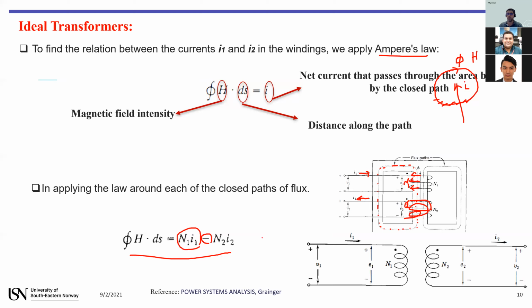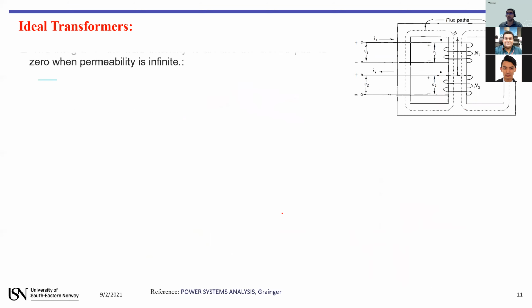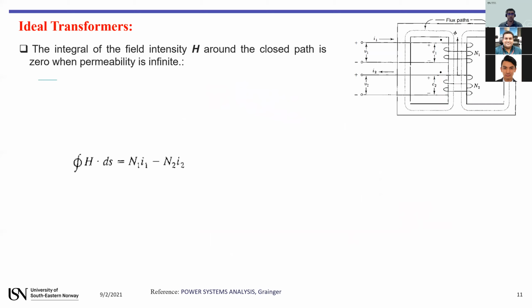So we can write it based on the number of turns in the transformer and the direction of the current. However, according to magnetism theory, we can write this equation.